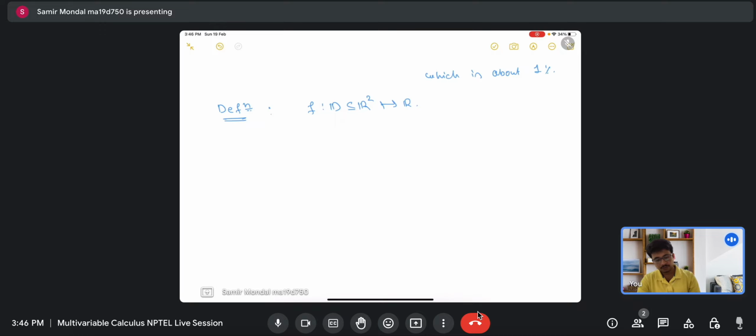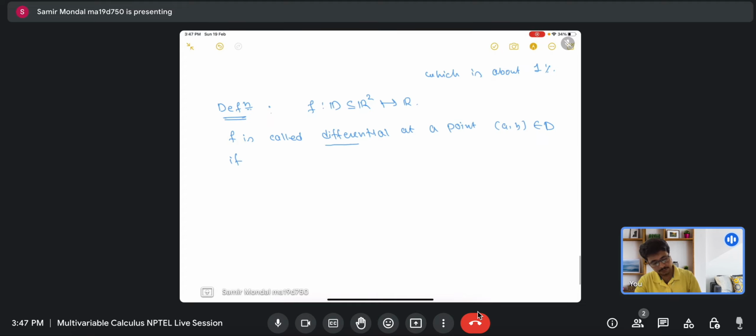This function f is called differentiable at a point (a, b) which is in the domain D.